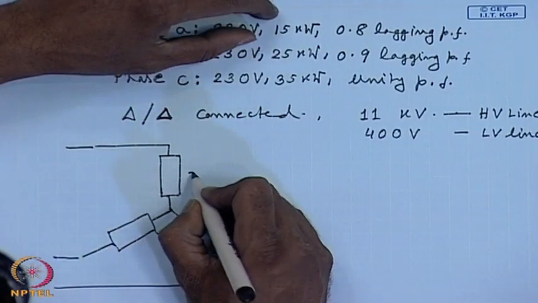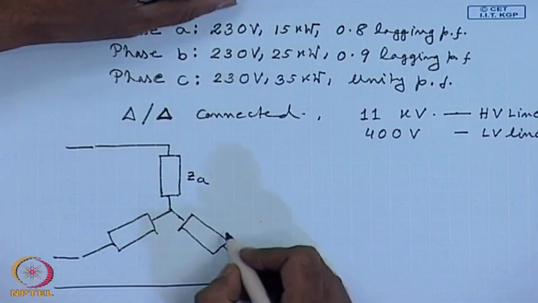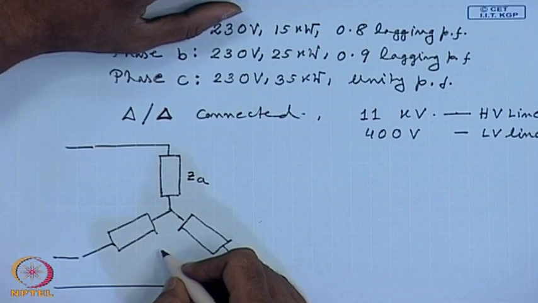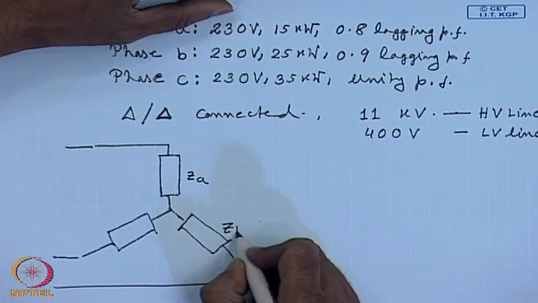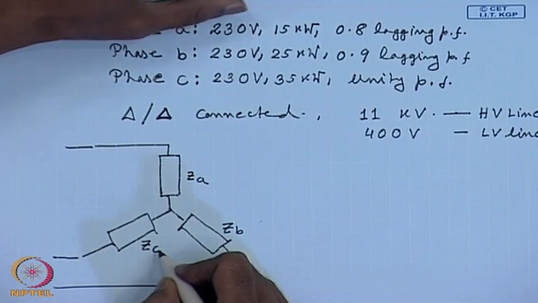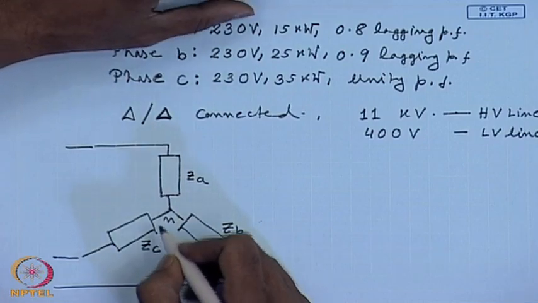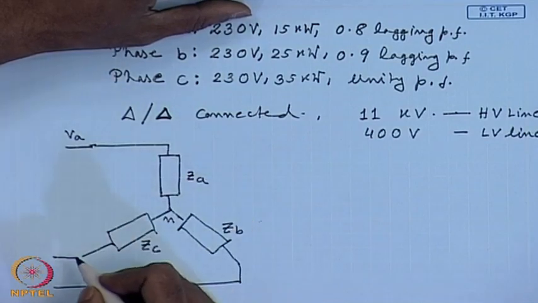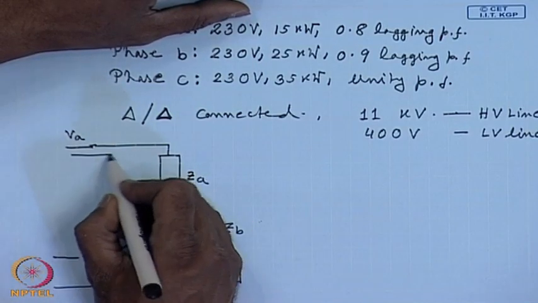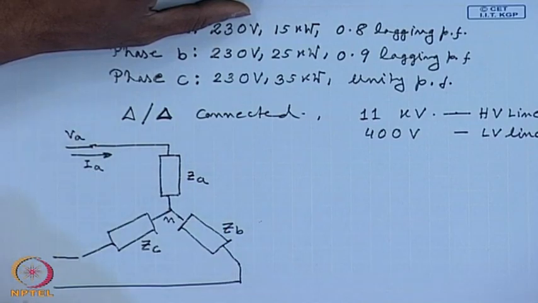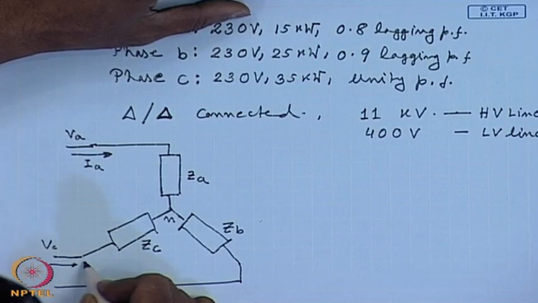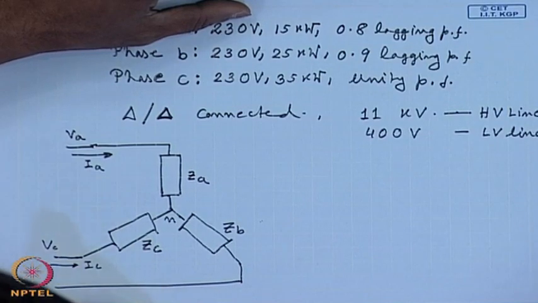This is phase A load Z A, this is Z B, this is Z C, this is the isolated neutral N, this is voltage V A, this is the line current I A. Similarly, this is the phase voltage V C, this is the line current I C, this is the phase voltage V B, this is the line current I B.